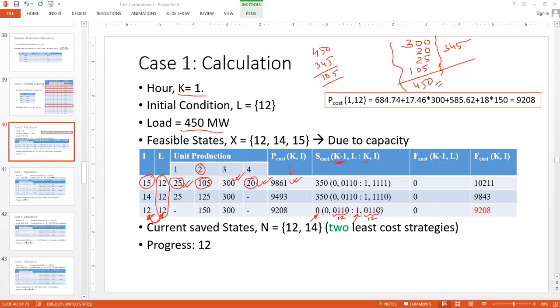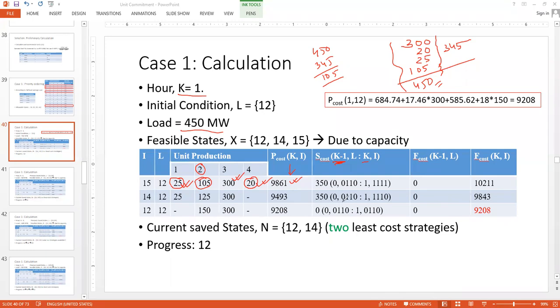So none of the bits are changed. So actually no state transition cost will be there. So 0 transition cost, because there is no change in the states. We were at 12 in hour number 0. We are still at 12 at hour number 1. So no transition cost.